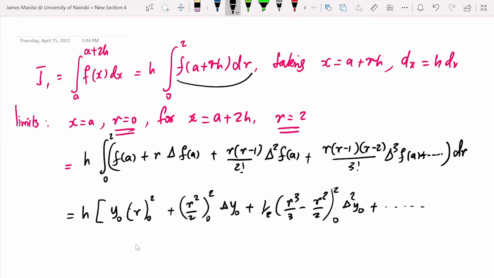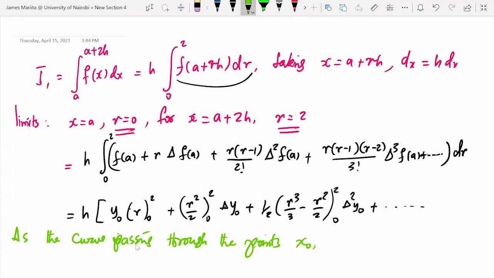And we note that the curve passing through the points x0, x1, and so on, is a polynomial of degree 2.